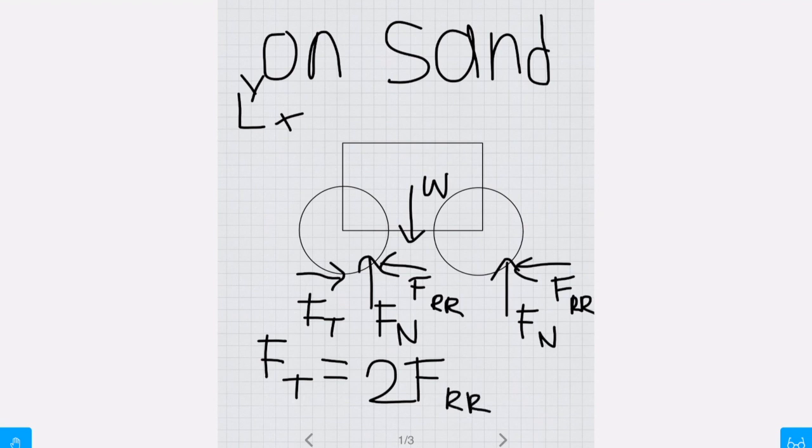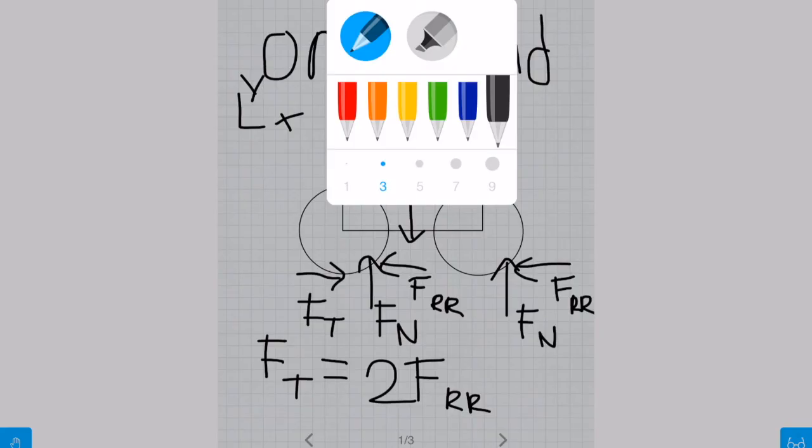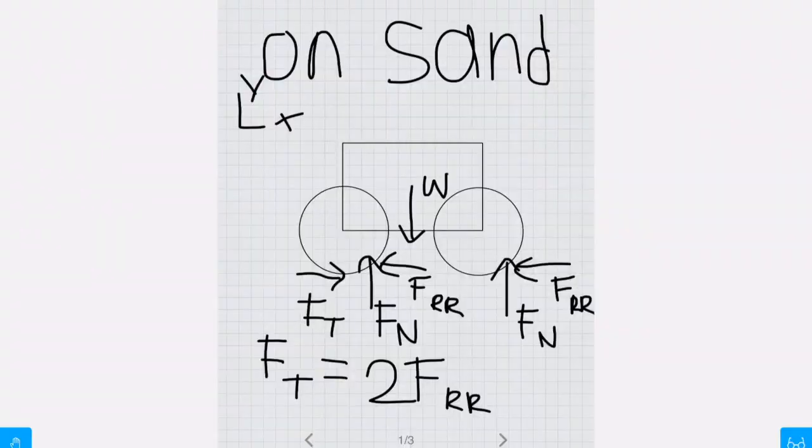And this can be found by setting the sum of the forces in X equal to 0. The only forces involved in the X direction are the two rolling resistance forces, which would be going in the negative direction, and this force, which is going in the positive direction, which is the force of traction.